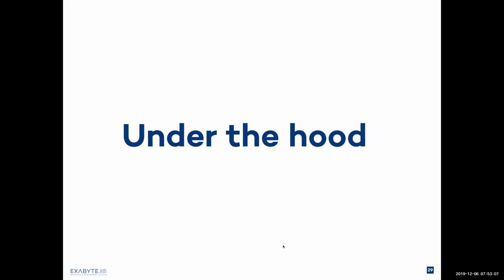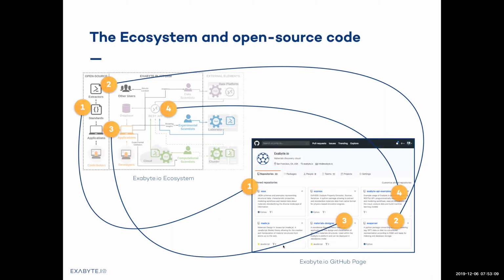The following are the core parts of the platform that are helpful to understand its purpose. Let's start with what's under the hood. If we look at the diagram of the ecosystem that we spoke about before, we'll see that there are extractors, standards, and applications. And if you look at the Exabyte.io GitHub page, we can see repositories that correspond to each of these items. So FC, for example, corresponds to the data standards.